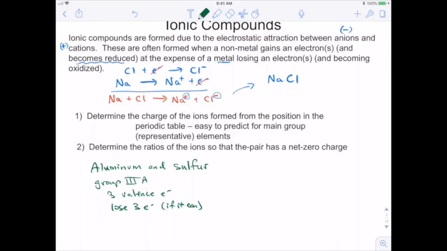It will lose 3 electrons, and in doing so will become a cation with 3 positive charges. So we can write this as aluminum, if it can, will want to lose 3 electrons, and it will become Al3+ plus 3 electrons.